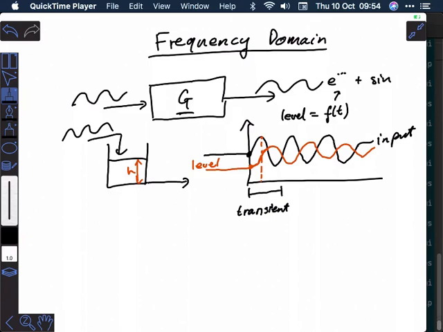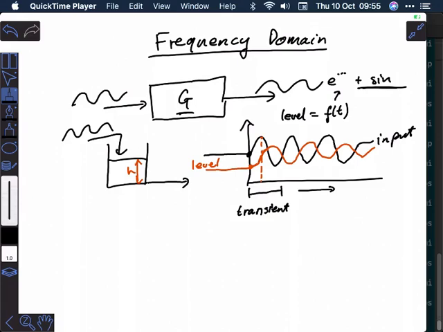And then there is the eventual response. As we go on in time, only this sinusoidal term remains, because that exponential term completely falls away. And we can figure out by looking at the math what the properties of that sinusoid will be, which I'll also introduce you to.